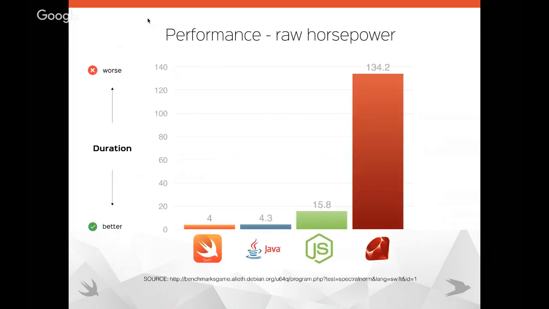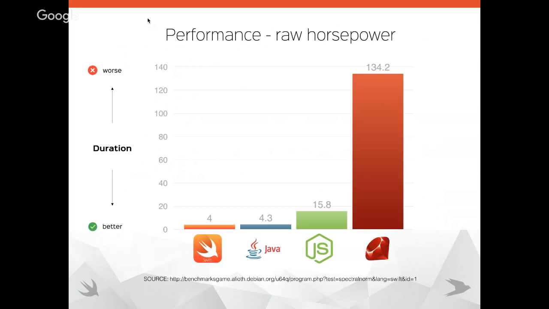Okay, so first of all, let's have a look at the raw horsepower equation. Everyone knows Ruby's slow. Everyone knows that Rails is slow. That's because in many ways it's a language that's not necessarily being used for its strength all the time.